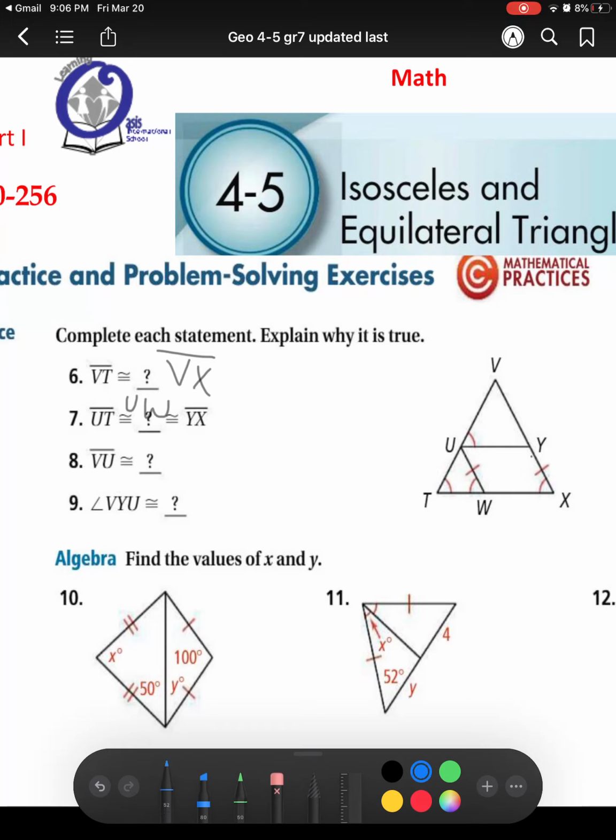Angle VYU is congruent to VUY. So I will say VUY.